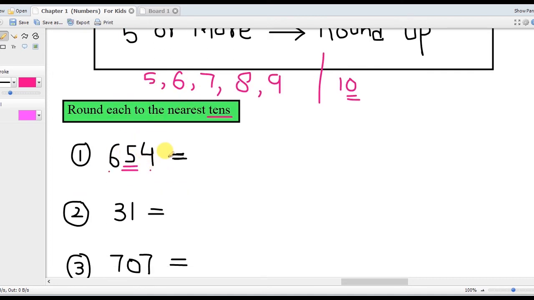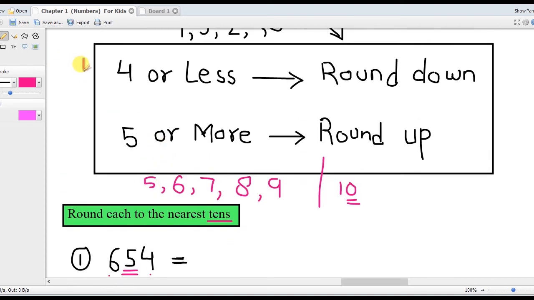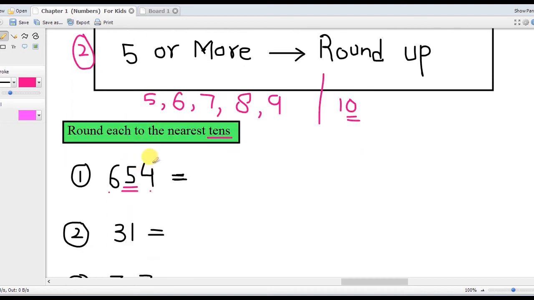This 4 comes in the category of the first rule, and this is your second rule. So this digit 4 falls in rule 1, so we have to round it down. If a number is 4 or less than 4, we round it down. So this 4 would become 0. So this will become 650.